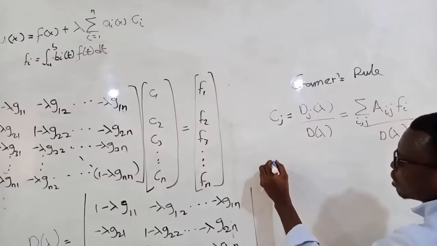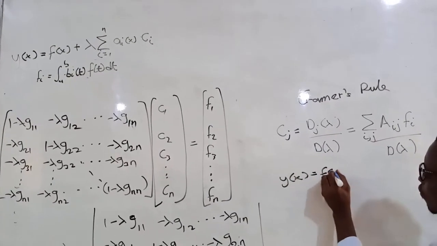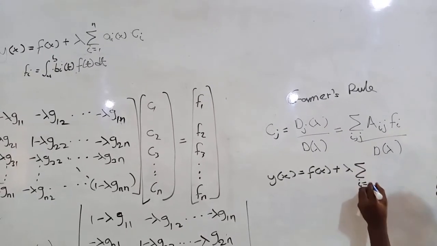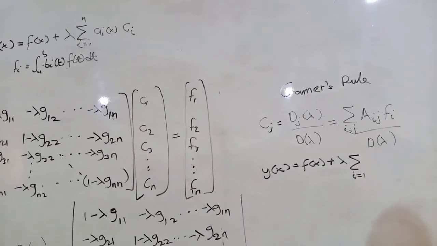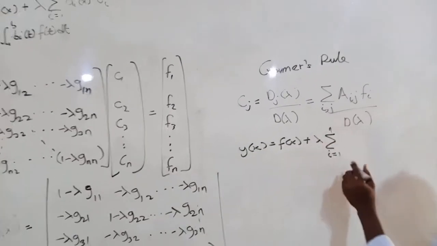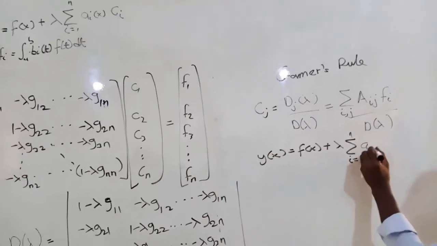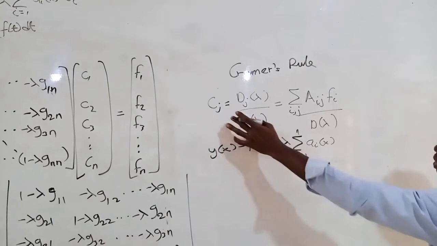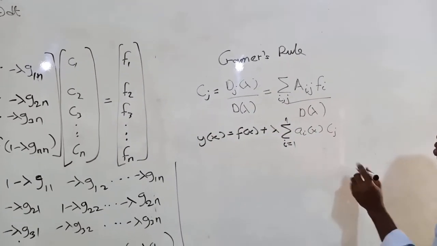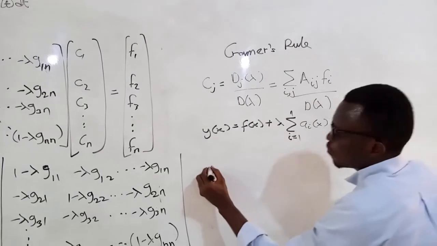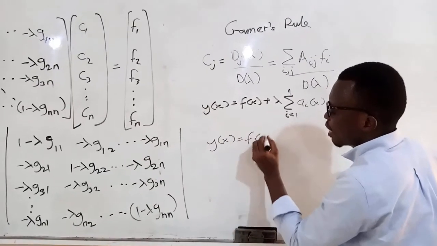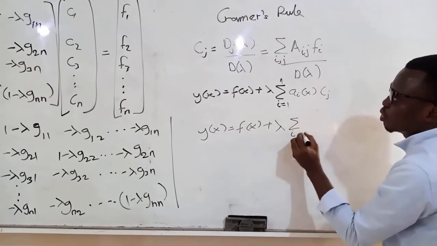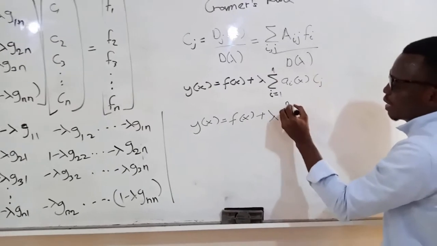So we're going to have y of s equal to f of s plus lambda summation of i equal to 1 to n, then ai of s, then this is my Cj. Let me substitute this into this side. I'm going to have y of s equal to f of s plus lambda summation of i equal to 1 to n.